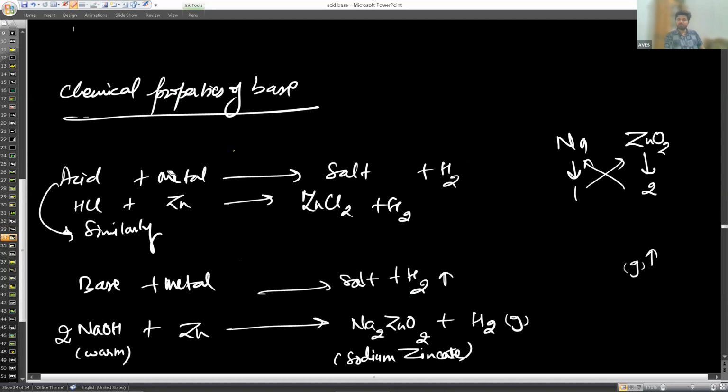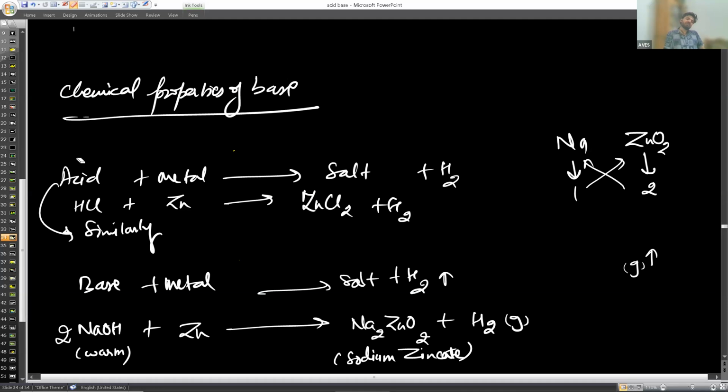When acids react with metal, what do they give? Salt and hydrogen gas. Similarly, bases when they react with metal also produce salt plus hydrogen gas.